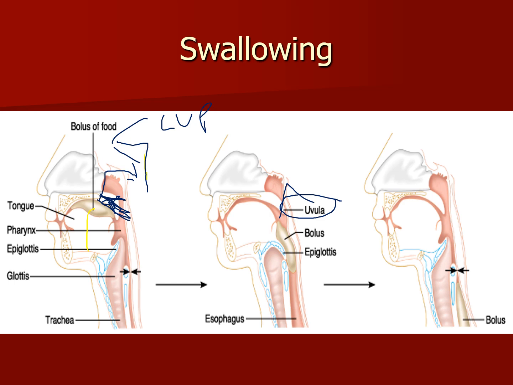So as you're swallowing in the second picture, right, this is the bolus, this is what you're eating or swallowing here. Hopefully you have your epiglottis that's blocking the trachea from having any food or liquid go into it.